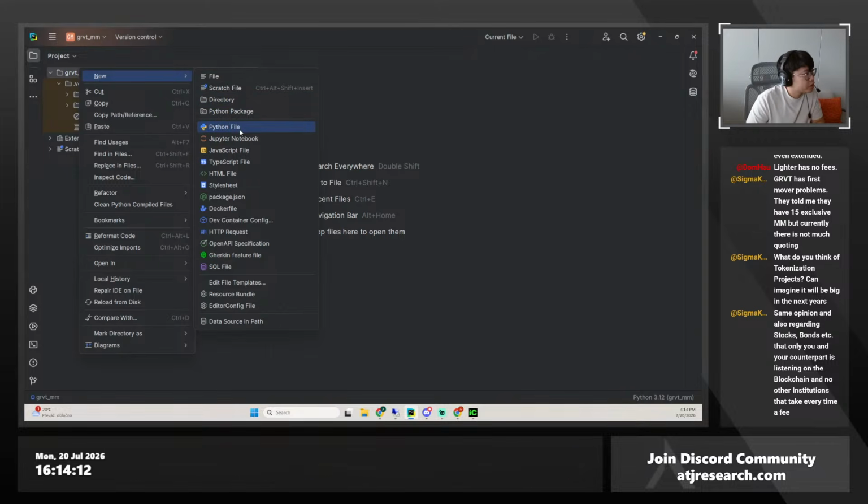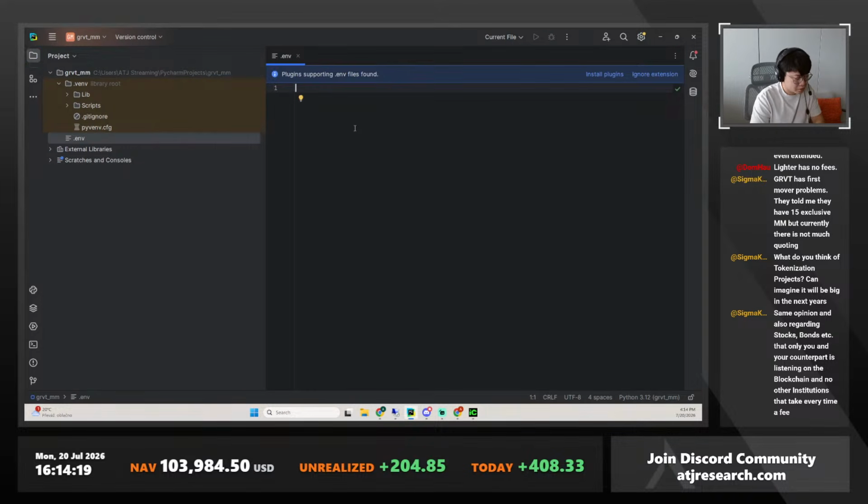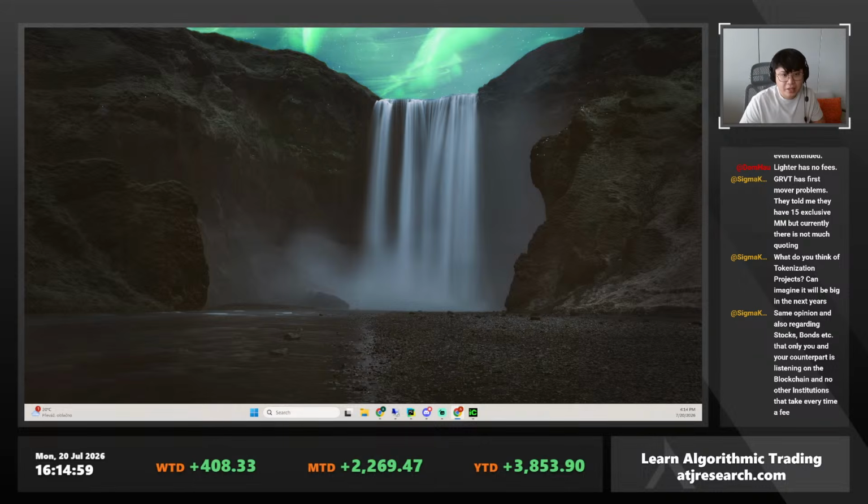once this is done. So here, what I'm going to do is I'm going to create an .env file. And here, I'm going to save my Gravity API key file. So one second. So let's create the API key now. And actually, I can just set it to read only because we're not going to trade. Like in the beginning, we're just going to export the data, run some backtests, and now I'm just saving the API keys.